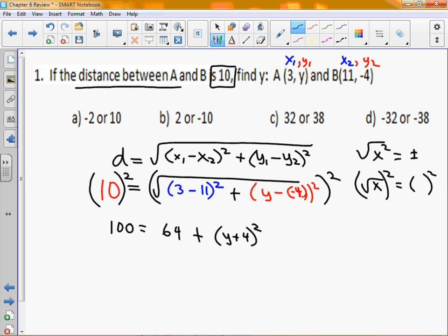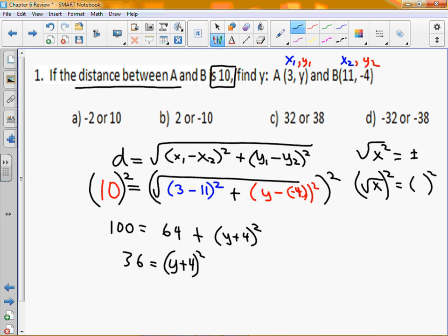You'll get the same answer. Just in the end, instead of having to multiply a number to the other side, you have to subtract the number to the other side. So when I subtract 64, that gives me 36 equals y plus 4 squared.